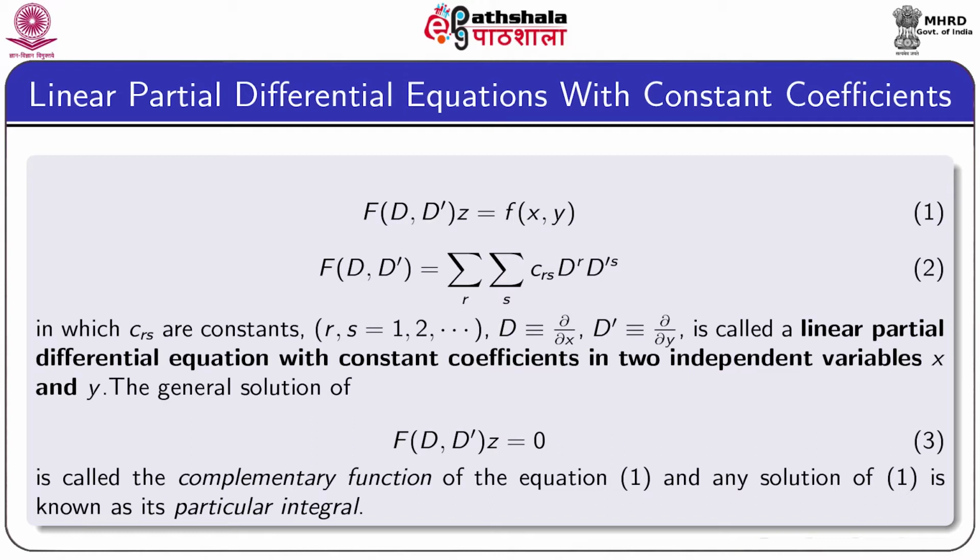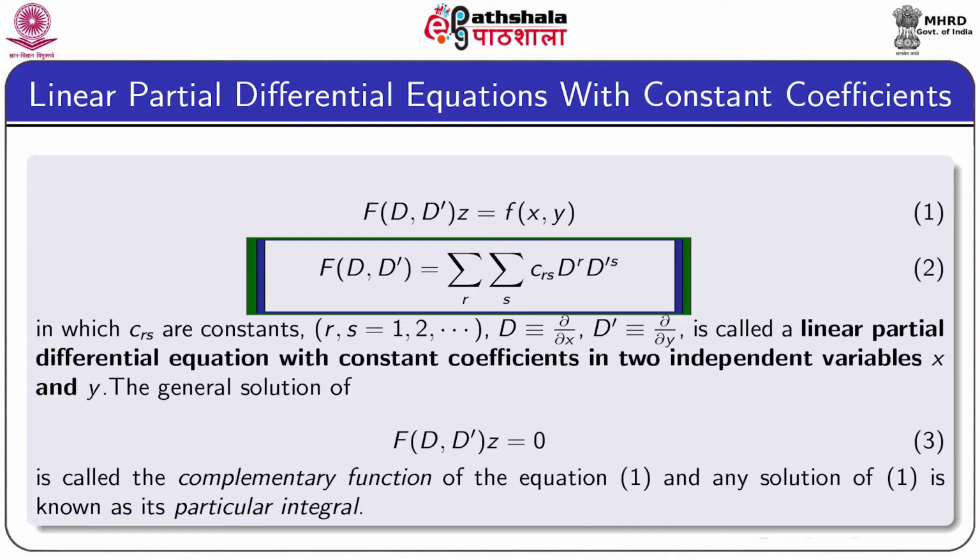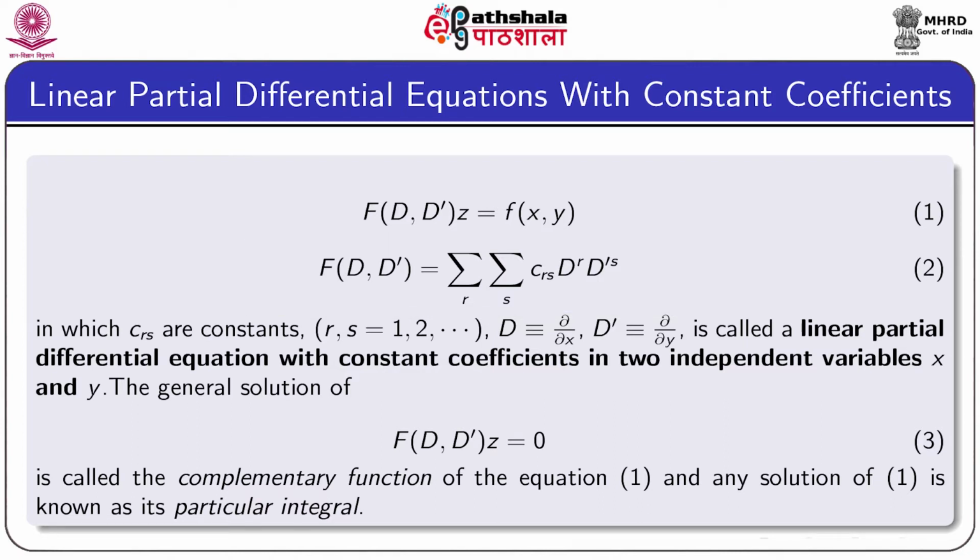The general form of a linear PDE with constant coefficient can be written as capital F(D, D') z equals f(x, y), which is written in equation number 1, where capital D is the partial derivative with respect to x and D' denotes the partial derivative with respect to y, and capital F is of the form sum over r, sum over s, c_rs D^r D'^s, where c_rs are some constants.